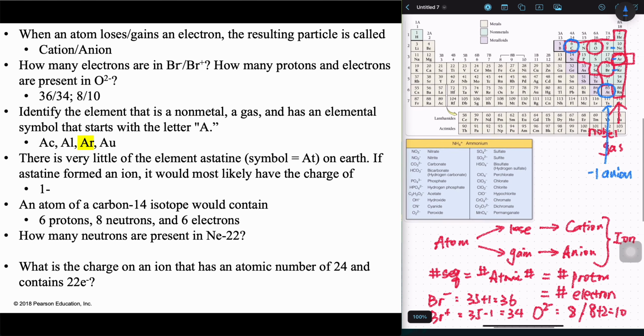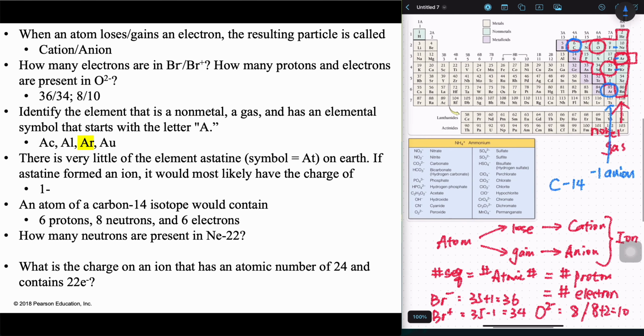So for carbon, it definitely has the same number of protons. Sorry, my bad. Carbon-14 definitely has 6 protons. Why does it have 6 protons? Because its sequence number is 6, right?